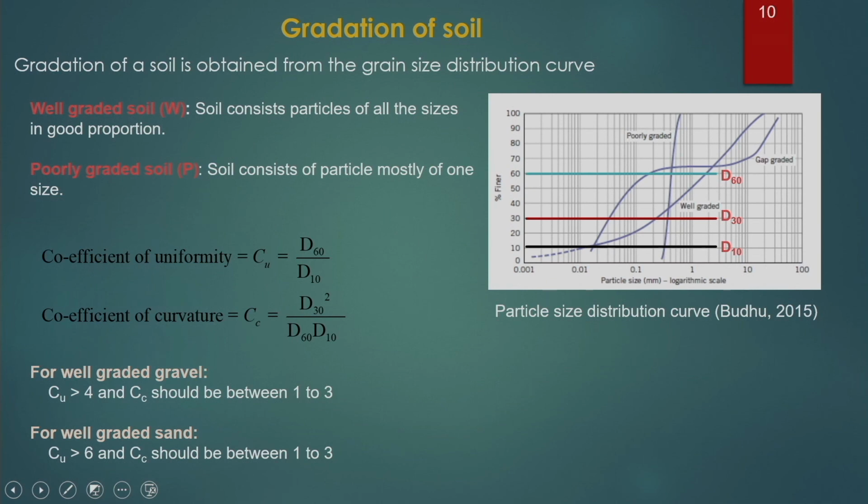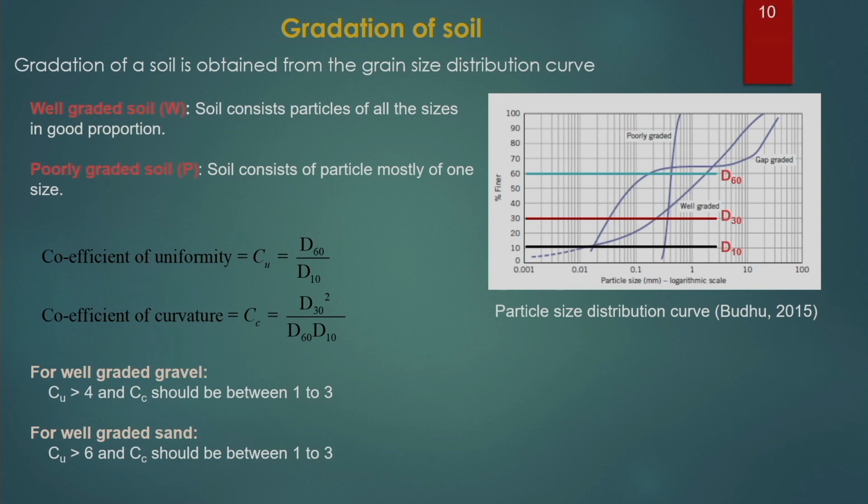So, here we can see this is a gradation of a soil. You can see there are 3 different curves over here. This is a particle size distribution curve. Generally, the soil can be divided into 2 ways based on their particle size gradation curve. One is known as well graded, second one is known as poorly graded.